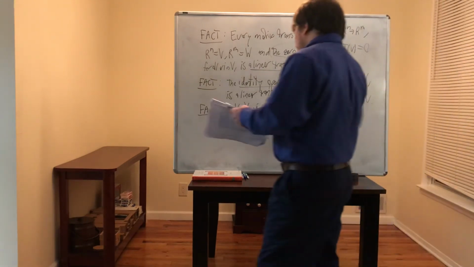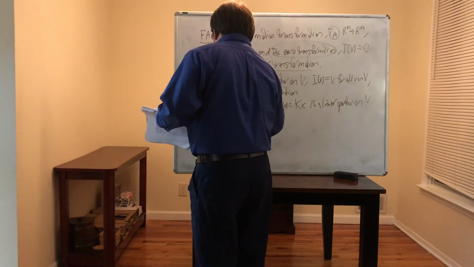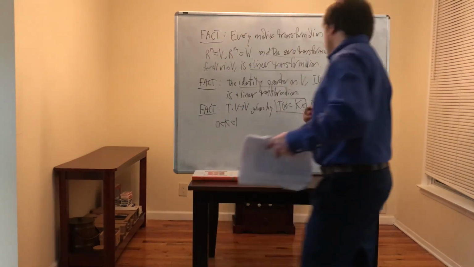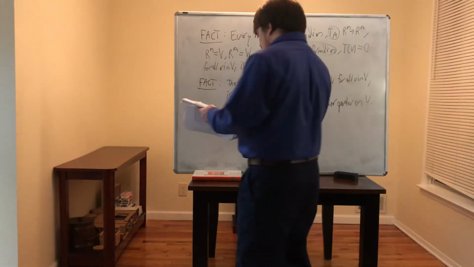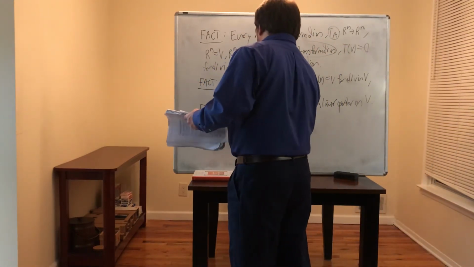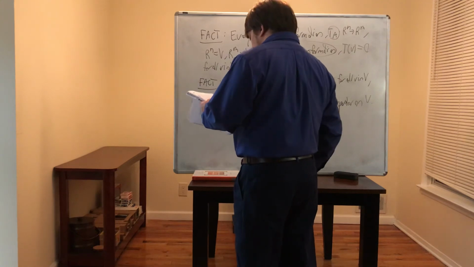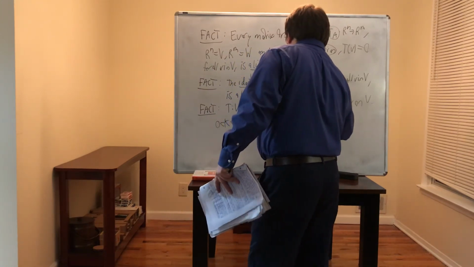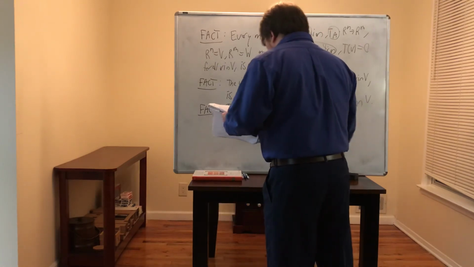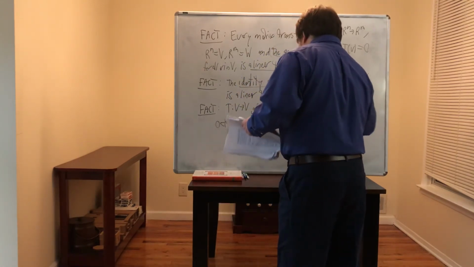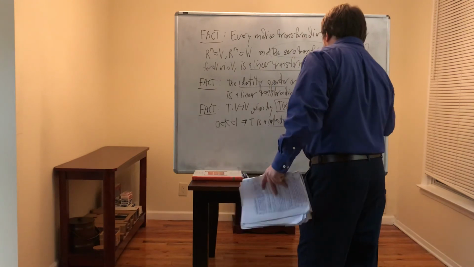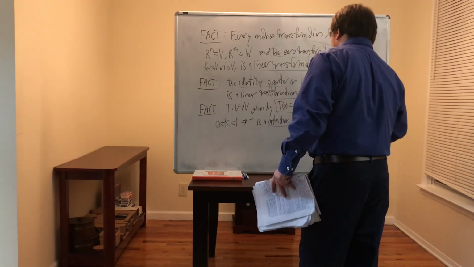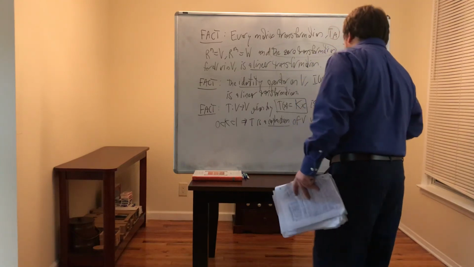But if 0 is less than k less than 1 in this definition of T of x equals kx, if that constant k is strictly between 0 and 1, then T is a contraction of V with factor k.